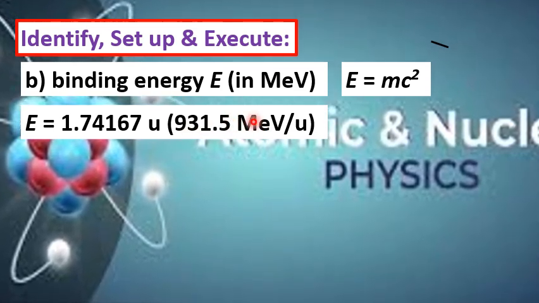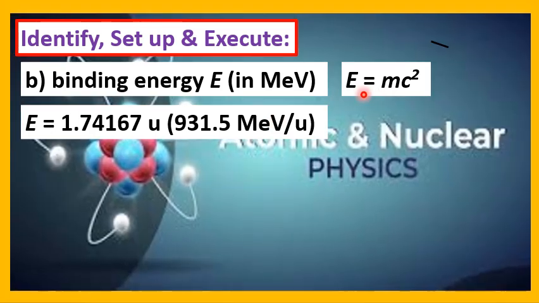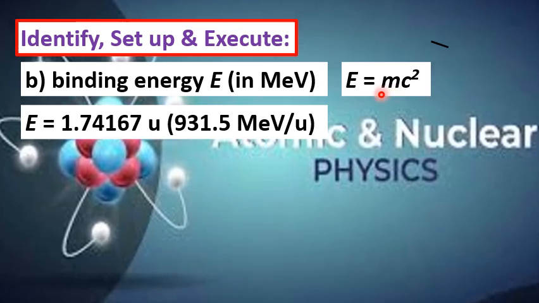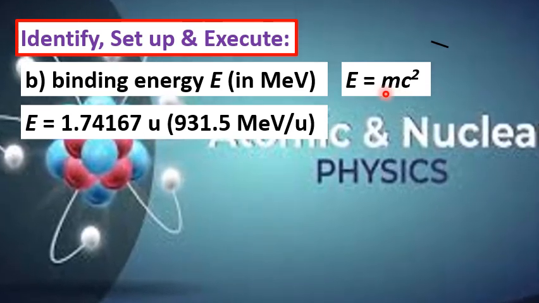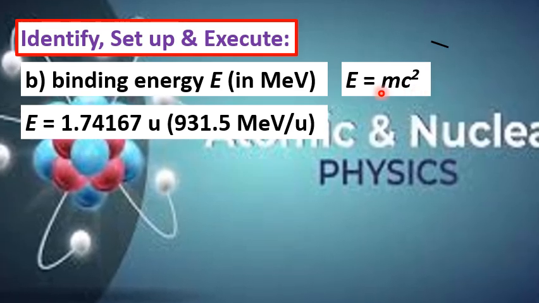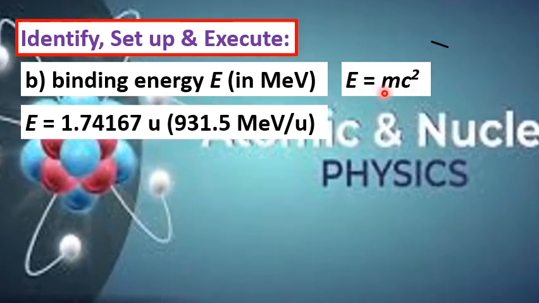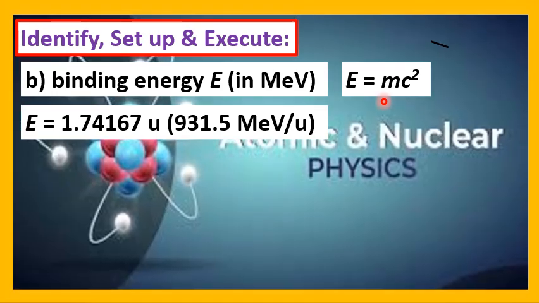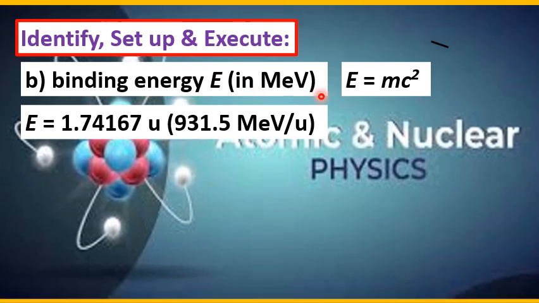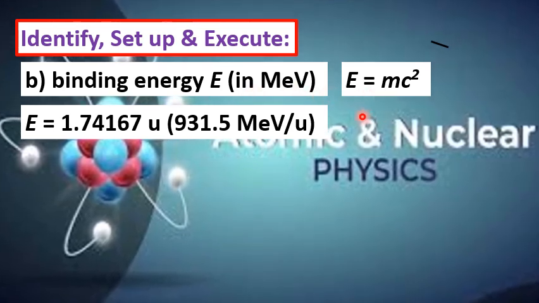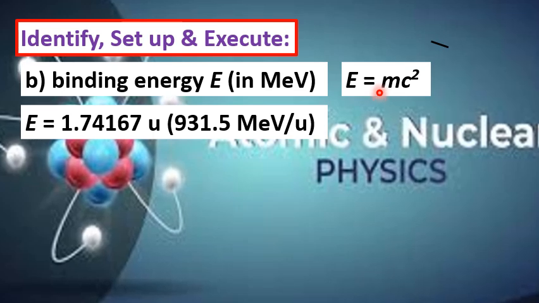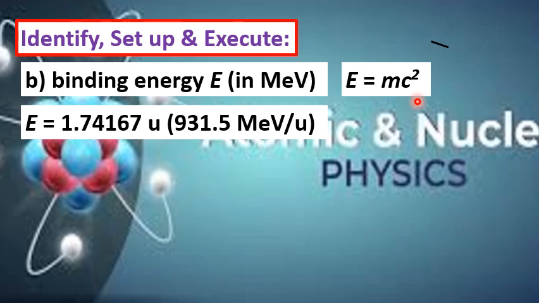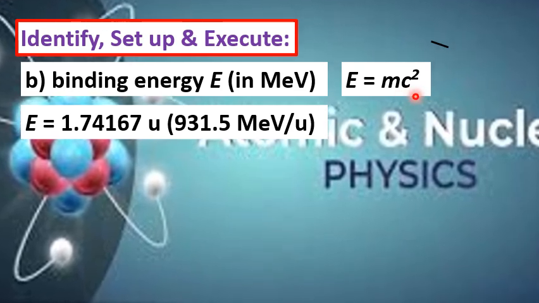How we got this conversion factor, of course, is still based on E equals mc squared, right? It's quite lengthy if you are going to calculate the binding energy using the SI units, because you need to express the mass deficit in kilogram, and then multiply it by the square of the speed of light, which is in the unit meter per second.